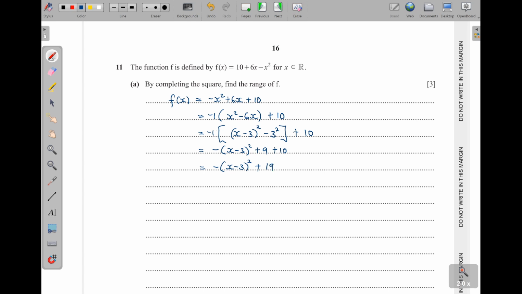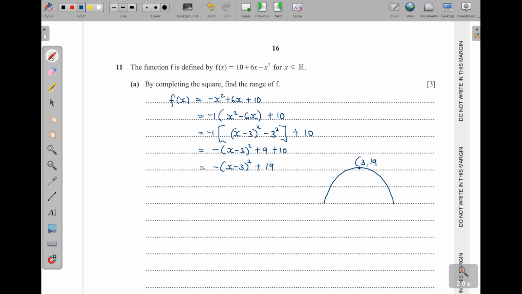Now this is the completed square format. Now, since the coefficient of x squared here is a negative, that means here we are having an N-shaped curve. You see that? That is an N-shaped curve, and the vertex is going to be, equate this one to 0, you get x as 3, and then the y coordinate will be that 19, okay?